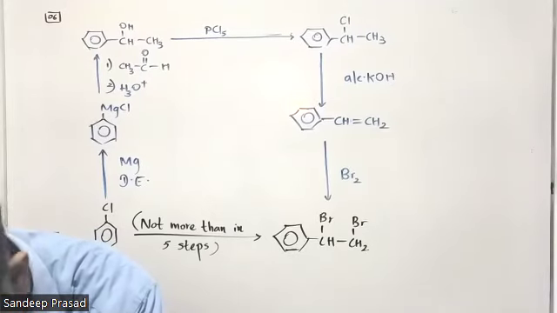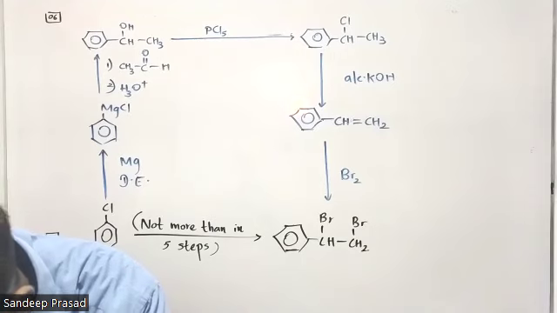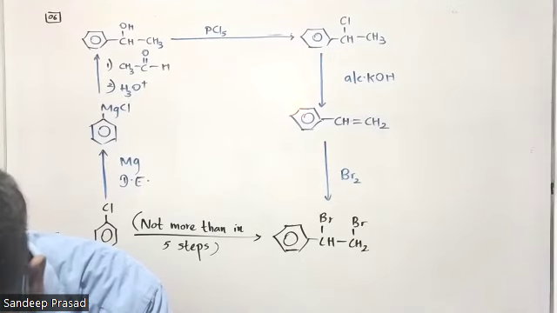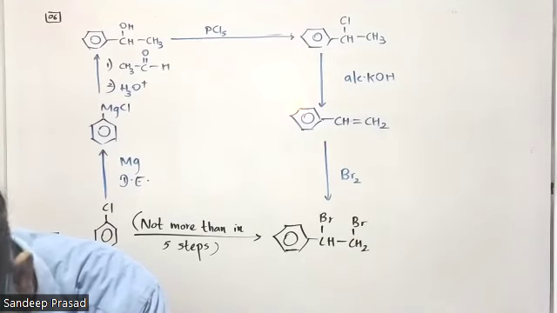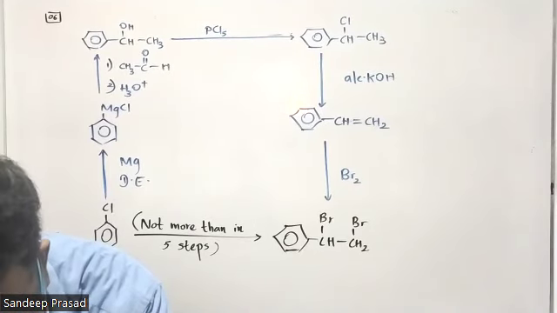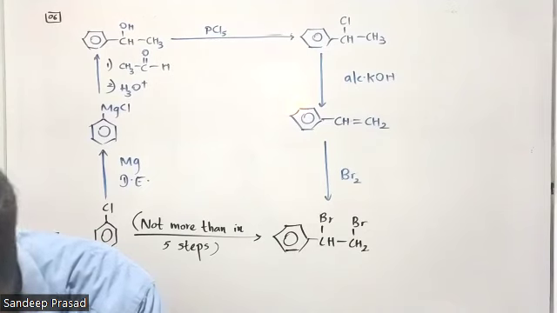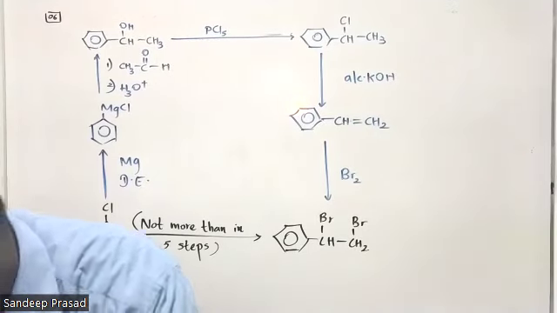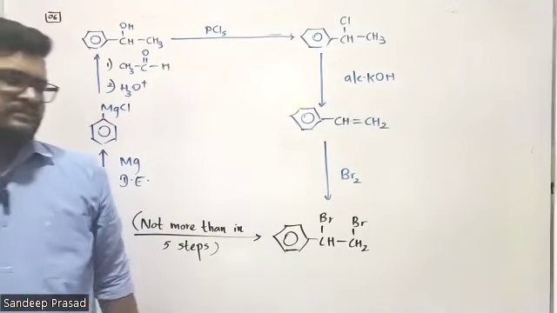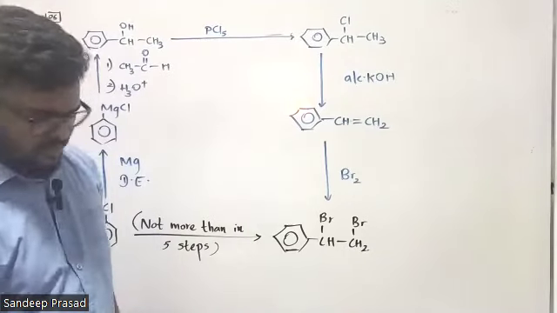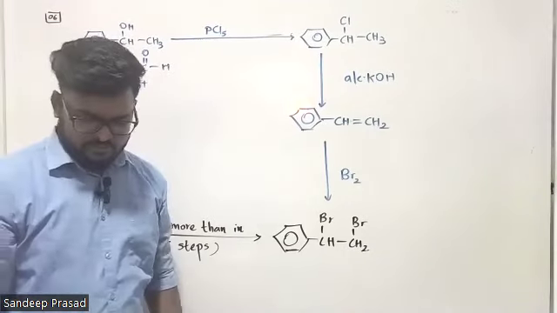So how can we add an unstable compound like that? Therefore that is wrong. And adding zinc dust is actually not in our syllabus. I think we do that for phenol, not for chlorobenzene. So that's wrong.